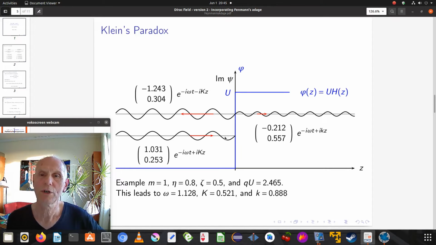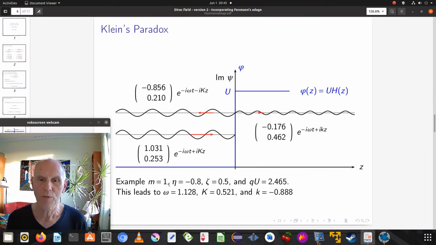Oops, as you can see, the flow is not continuous across the boundary. On this side it's in this direction, on this side in the opposite. Let's just check the other as well, with eta equals minus 0.8, and the same thing happens. On this side we have a total current this way, and on this side the other way.